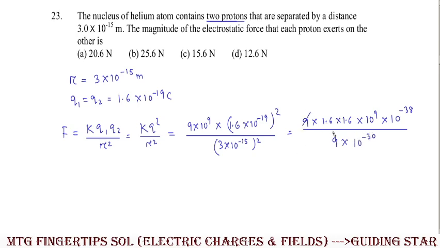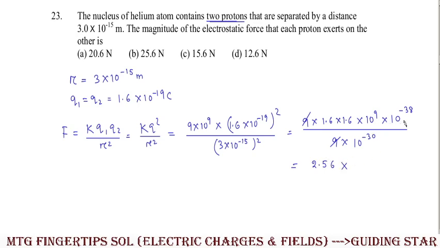So finally 9 got cancelled, and 16 times 16 is 256. So 256 divided by 100, so it will be 2.56 into 10 to the power 30.